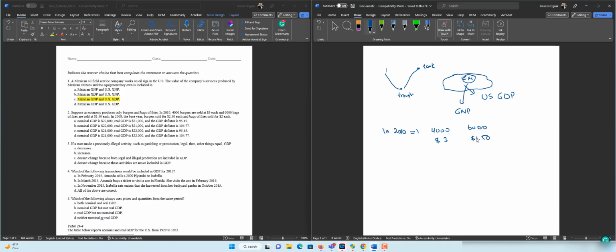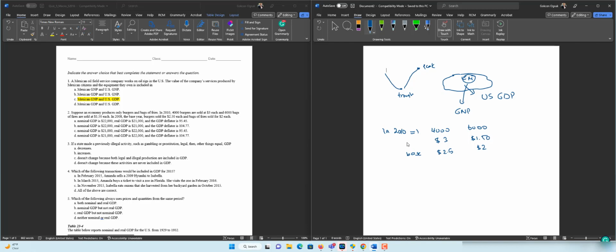In 2008, the base year, burgers sold for $2.5 and bags of fries sold for $2. So this is the base year. And now based on this information, we are going to calculate nominal GDP and real GDP for 2010.